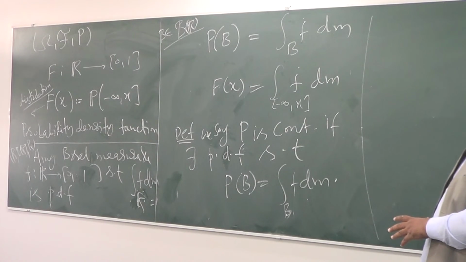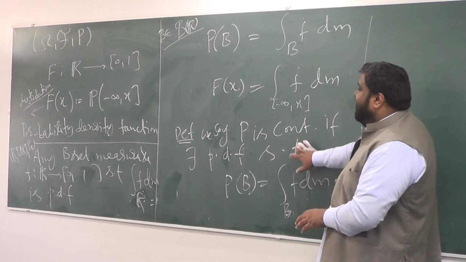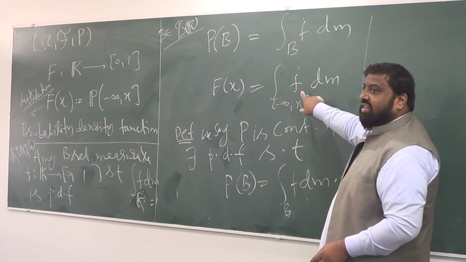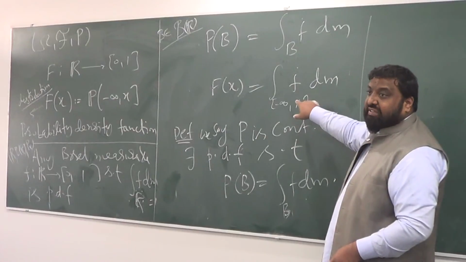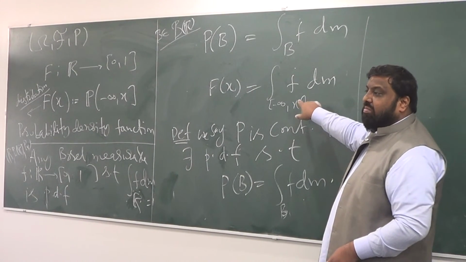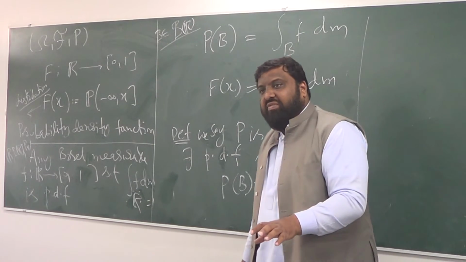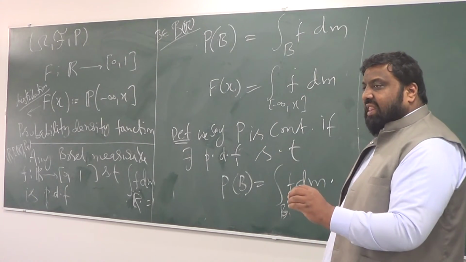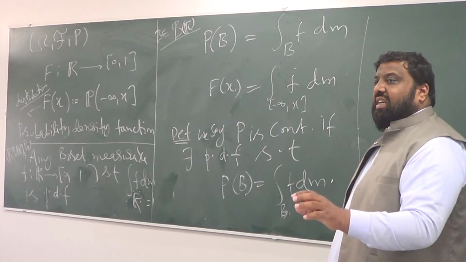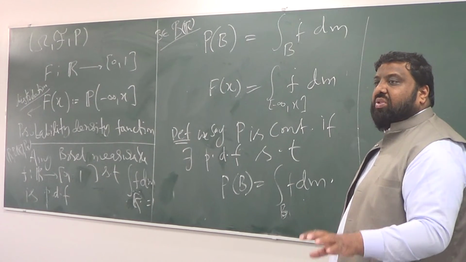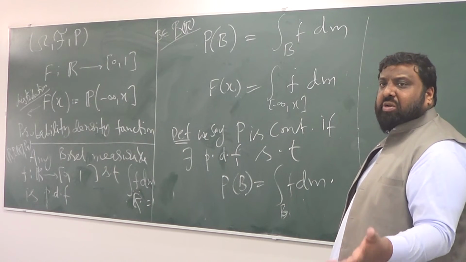So this theory would work if you have a PDF for computing the probabilities. But you have to keep in mind that measure theory allows you to compute the probabilities beyond the PDF.